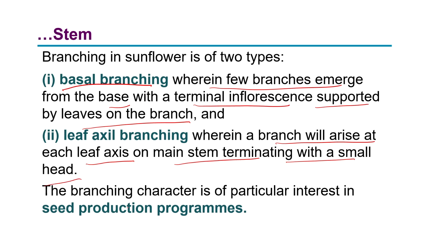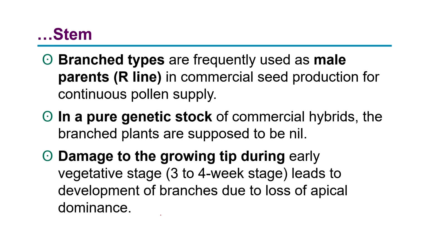The branching character is of particular interest in seed production programs. Branching types are frequently used as male parents. So wherever you get branching, some are used as male parent or R line.